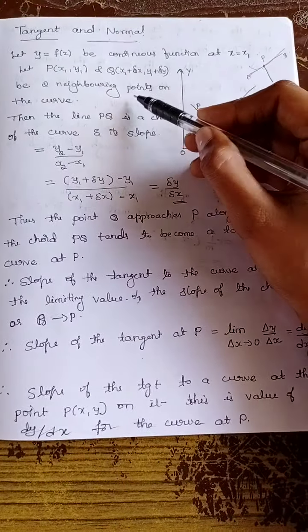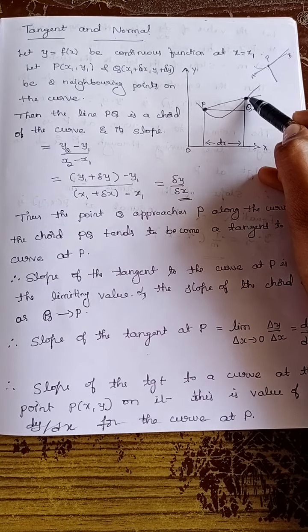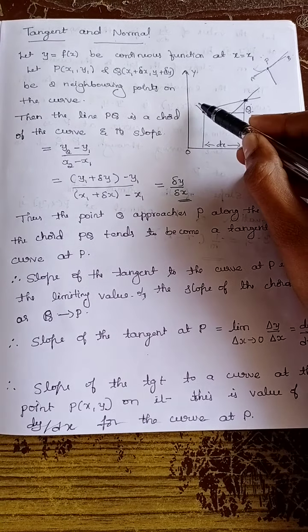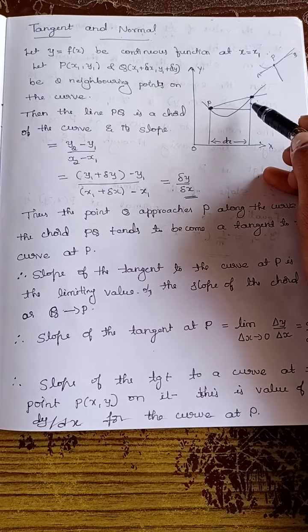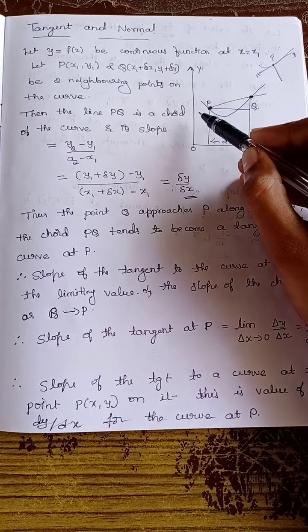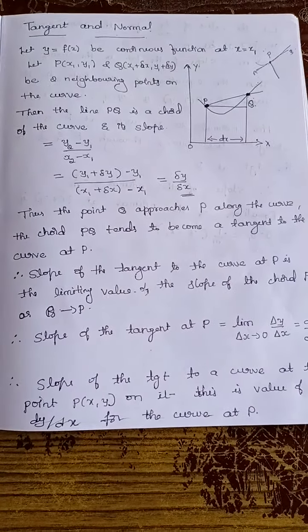Then the line PQ is a chord of the curve and its slope is y2 minus y1 divided by x2 minus x1.